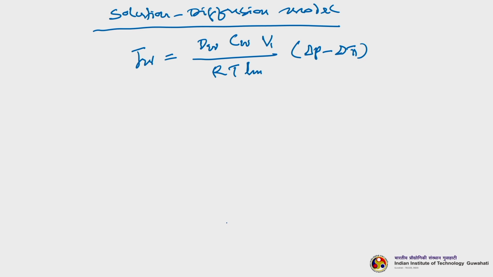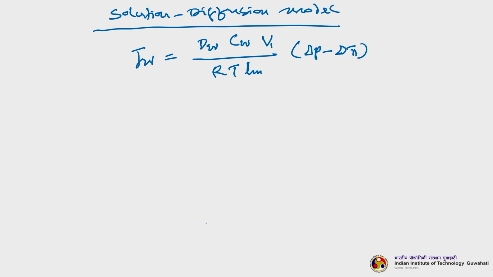So, you have to calculate the diffusivity. Dw is the water diffusivity, Jw is the water flux, V1 is the molar volume of water, R and T have their usual meanings, T is temperature, Lm is the membrane thickness, delta P is the pressure that is applied, delta pi is the osmotic pressure.